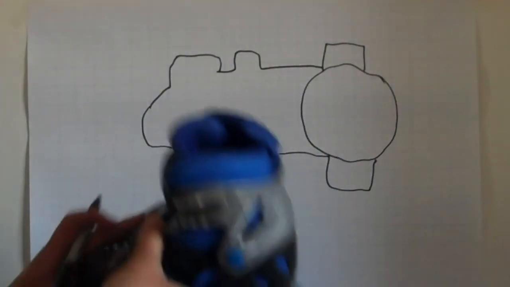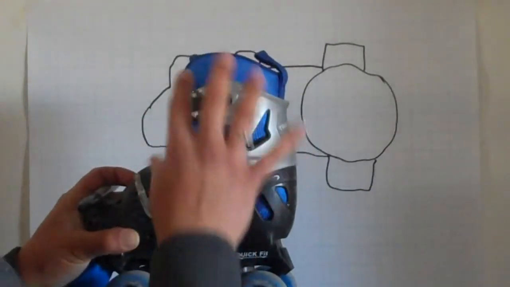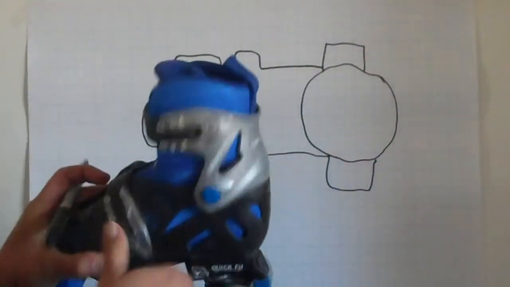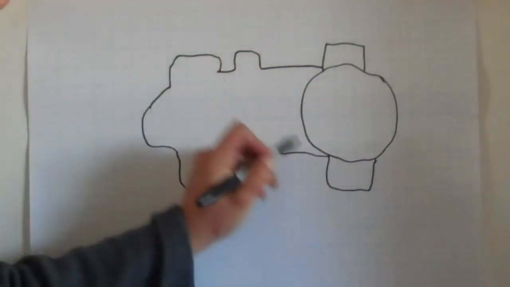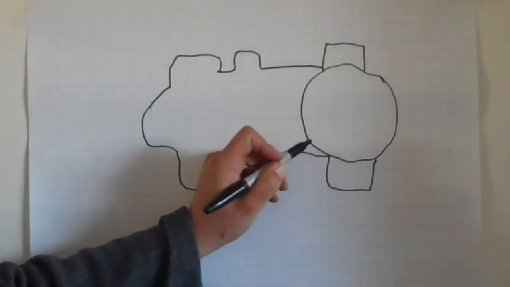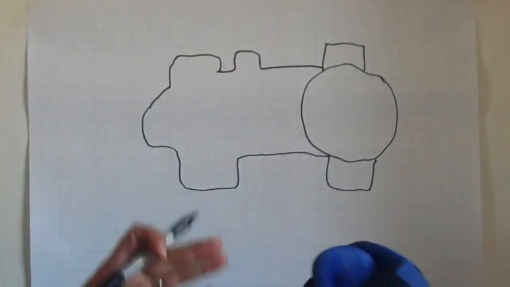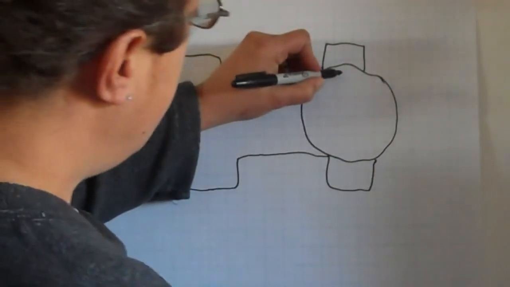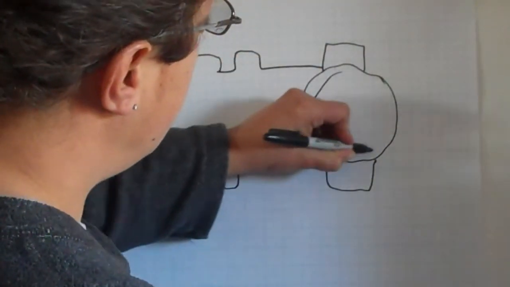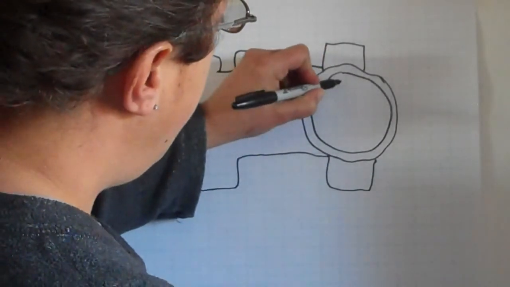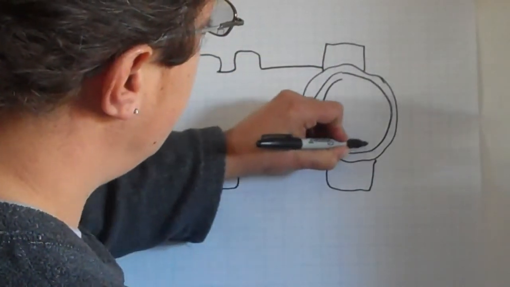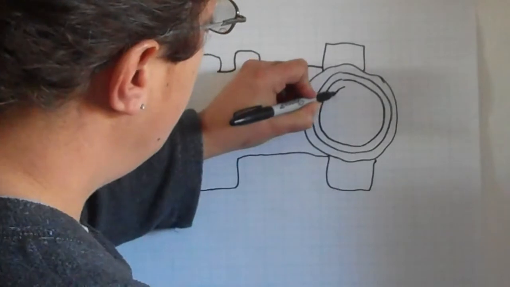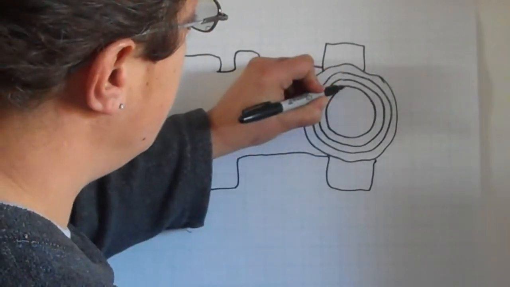Now, this part of the roller skate obviously is taller than the rest of it. And so I need to show some contour lines that show that this is going up in elevation like a mountain. So I'm going to add some contour lines here. And each one of these contour lines is going to represent a different elevation.